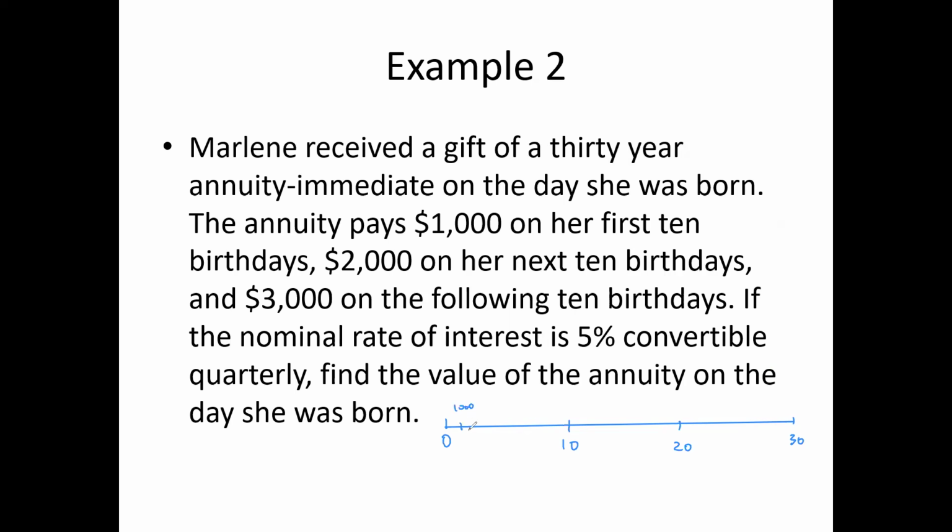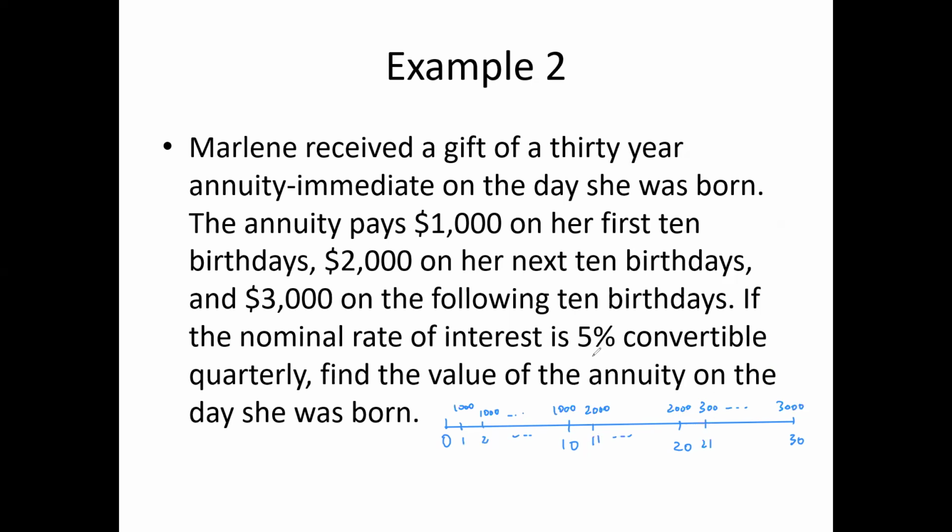Okay. 1,000. 1,000. Starting from the 11th birthday, she got 2,000. And then we have 2,000. On her 21st birthday, 3,000. 3,000. Okay, so this is the timeline. All right, now we're kind of clear.